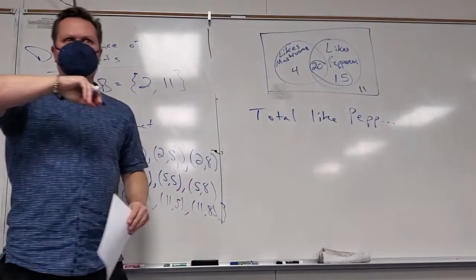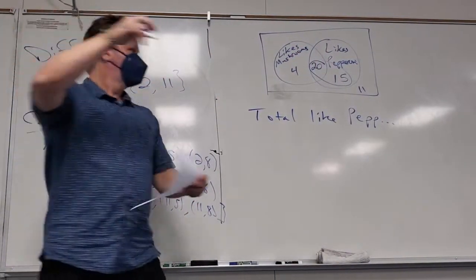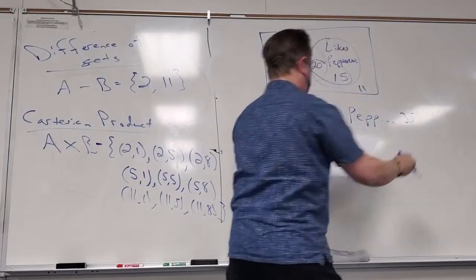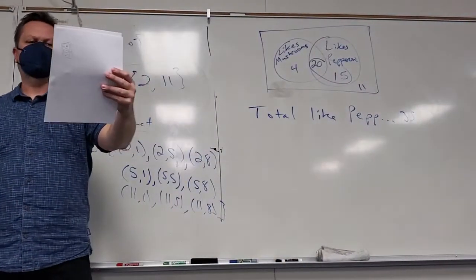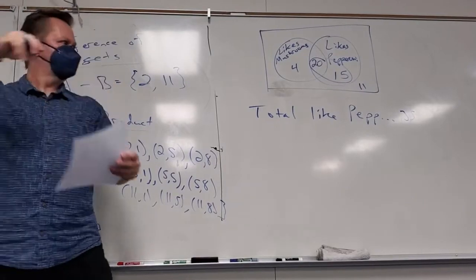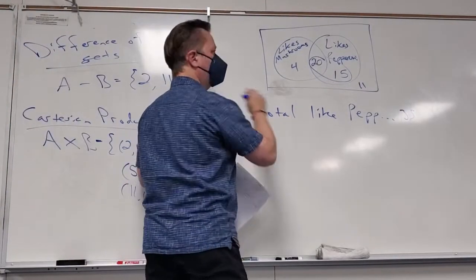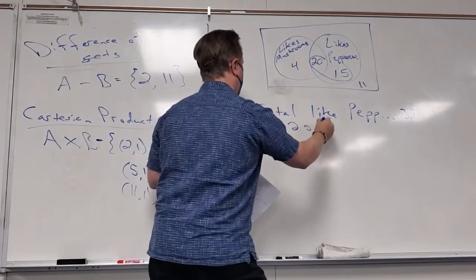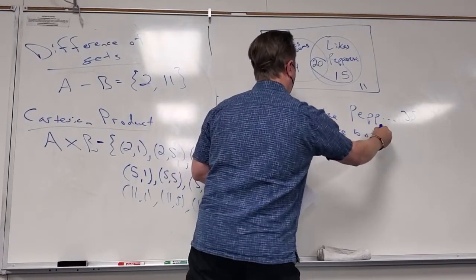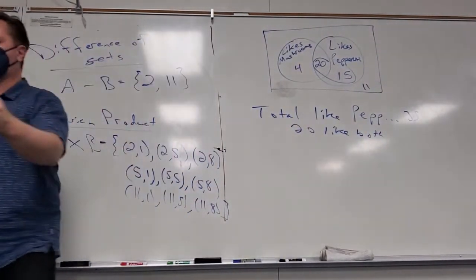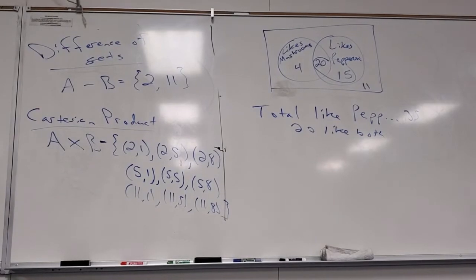Cumulative, right? 35 total like pepperoni. How many like both mushrooms and pepperoni? That's an easy one. We already said that. 20 like both. How many don't like either? 11. Okay.